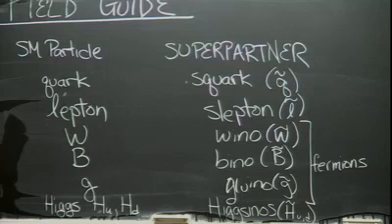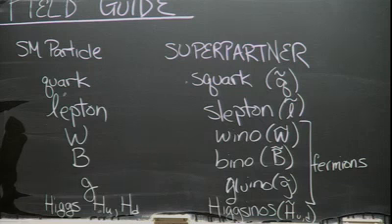Now, if you write down any model for supersymmetry, there's a ton of free parameters. It's over 100 free parameters. And so you immediately run up against the challenge of figuring out a way to interpret any experimental bound in terms of all of those parameters.